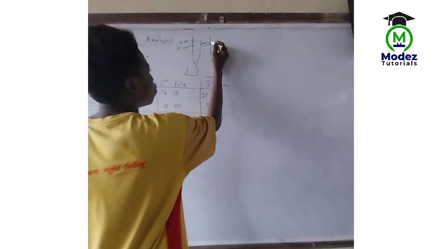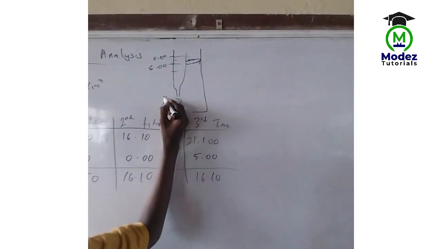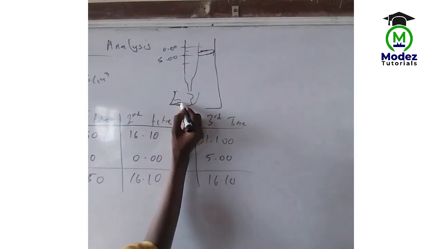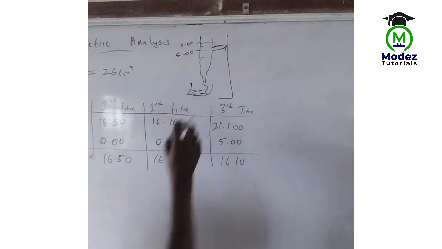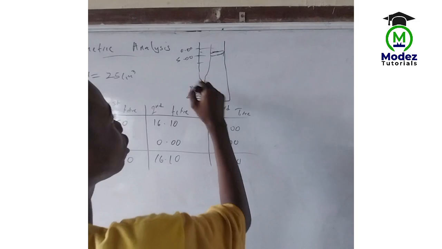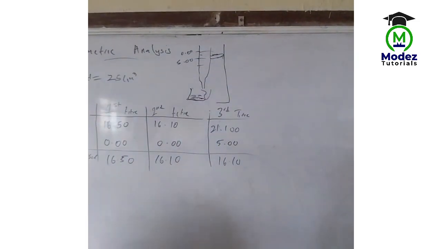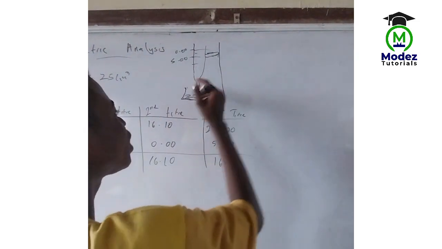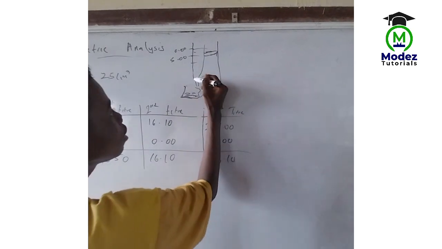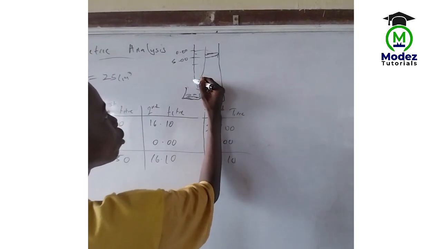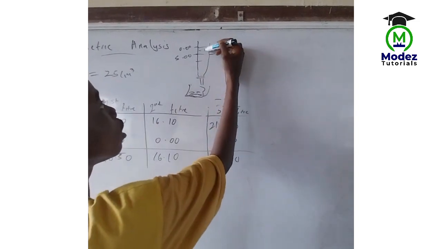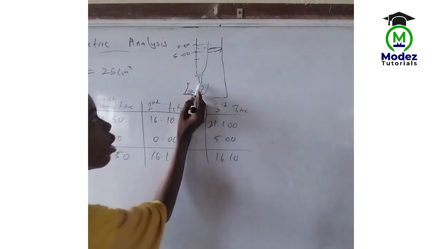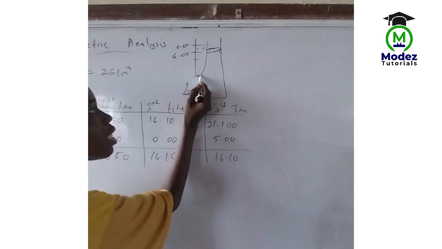You use the stand to hold the burette, then you put your beaker around here. Remember, your base is already in the beaker with the indicator. The burette has a tap here. Make sure that when you put your acid in the burette, it's not leaking. Make sure this place is very, very tight.